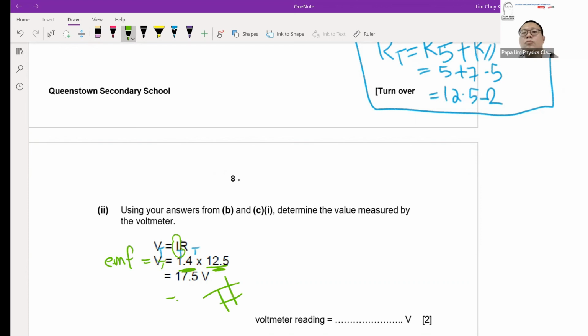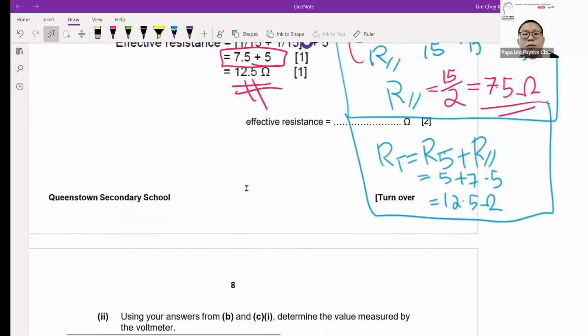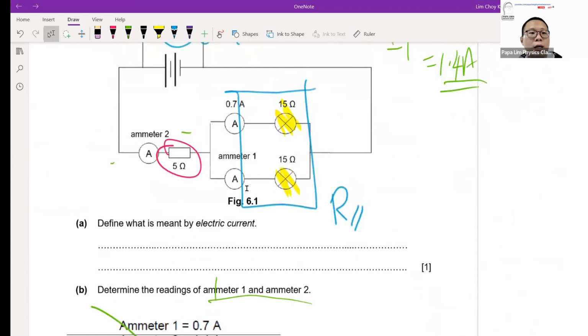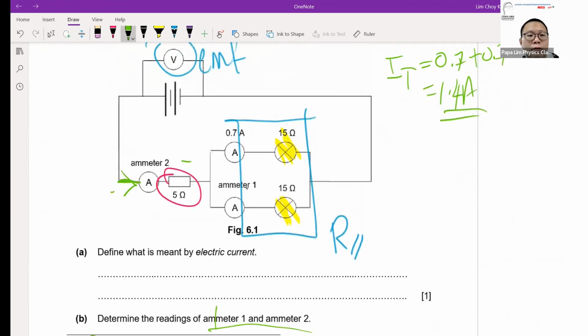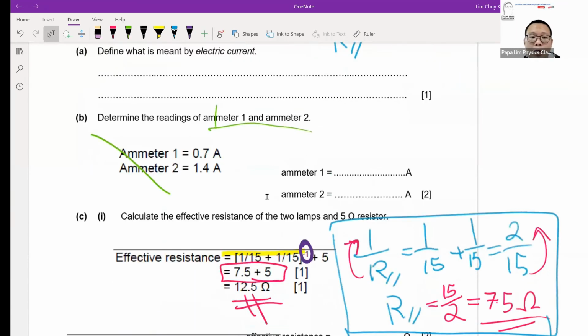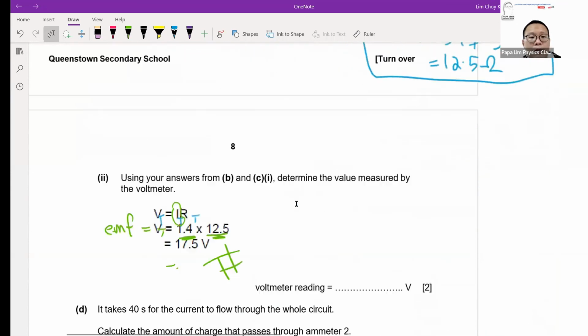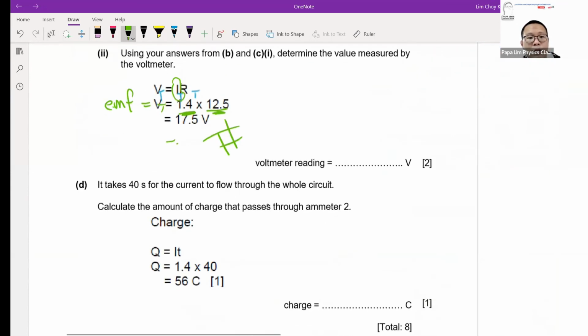The voltmeter reading will be 17.5, because the current IT comes from the battery. So IT multiplied by RT will give you the potential difference across the battery. Basic Ohm's law.